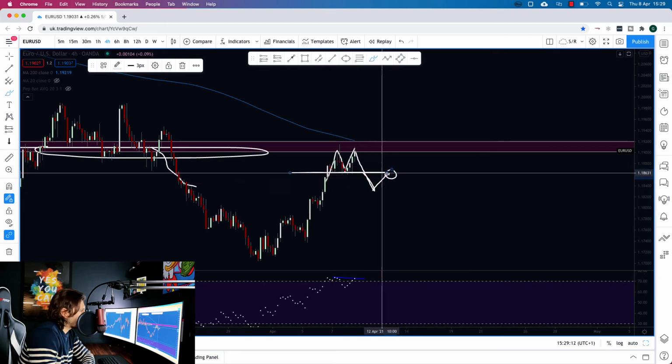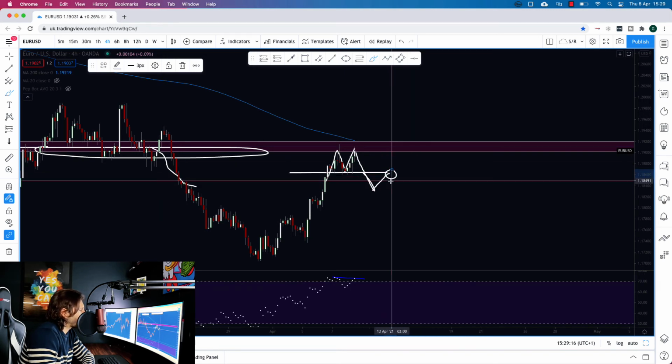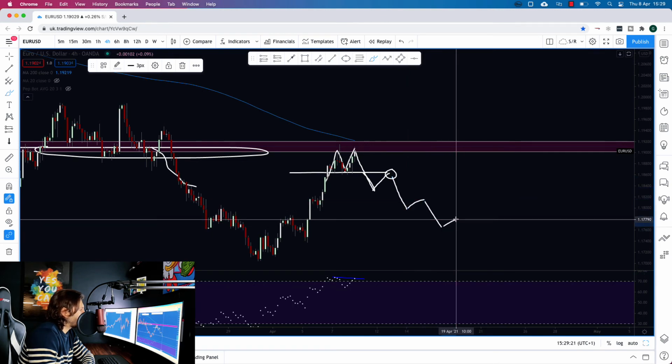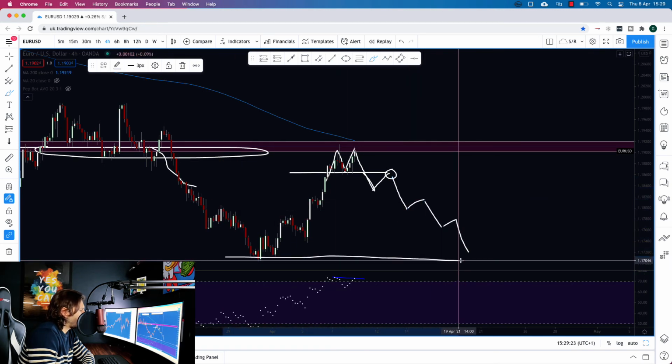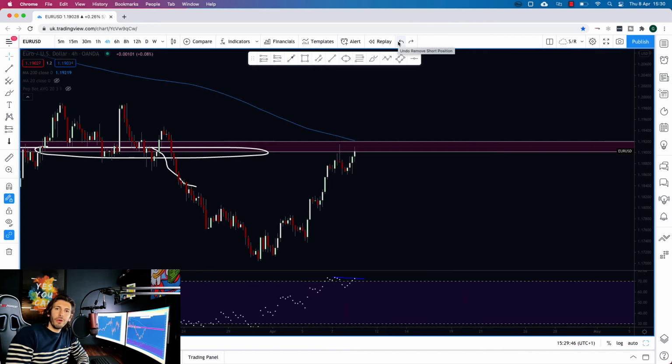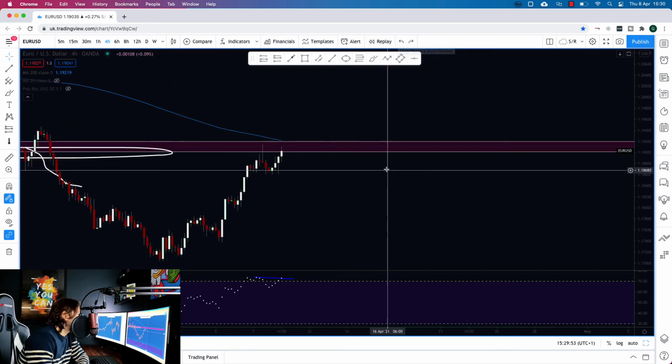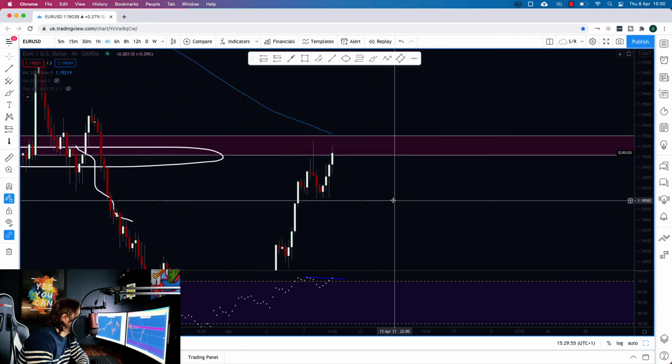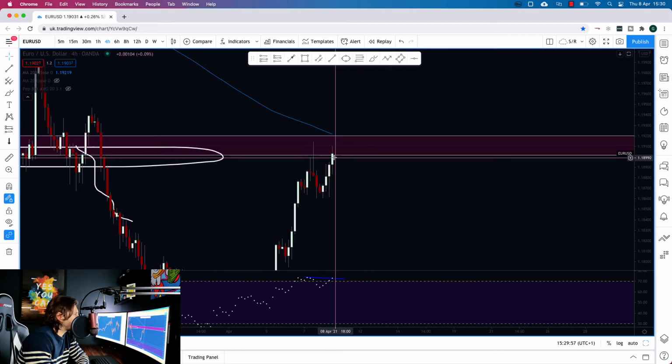That could be a doji candle, pin bar, bearish engulfing pattern, whatever it may be. And then you'll pick up a short position here and slowly ride it down to this last low here. So a couple of trading opportunities there, but overall I'm only looking for short positions on the euro against the dollar. Just to reiterate, you really need to exercise some patience here.